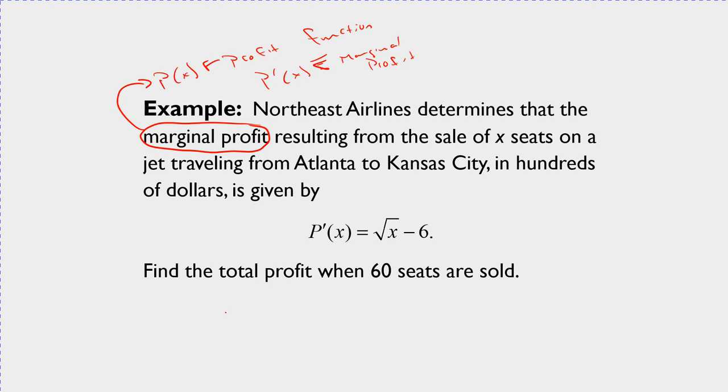So what you really need to do is find P of 60. Okay, but you don't know what P of x is, right? You're given P prime of x. So how can you find P of x? You integrate P prime of x.